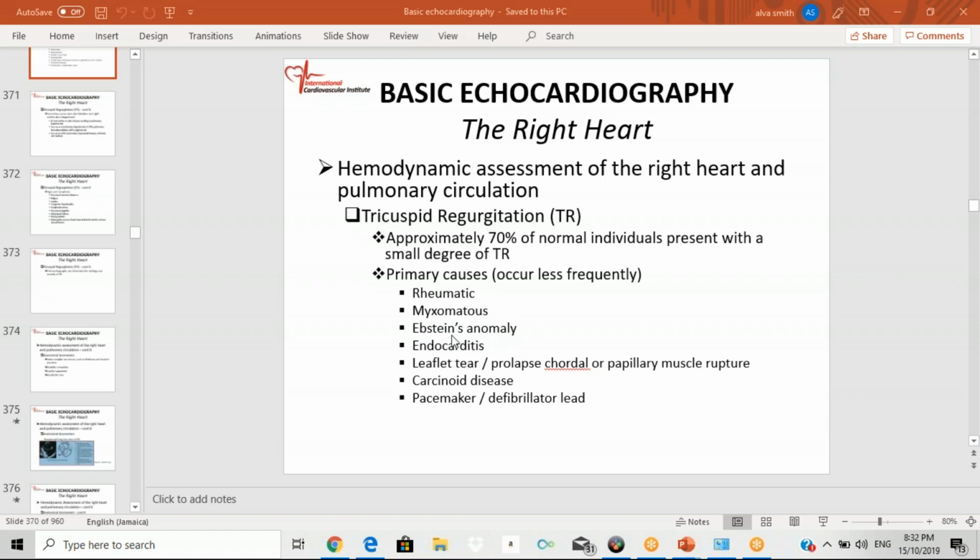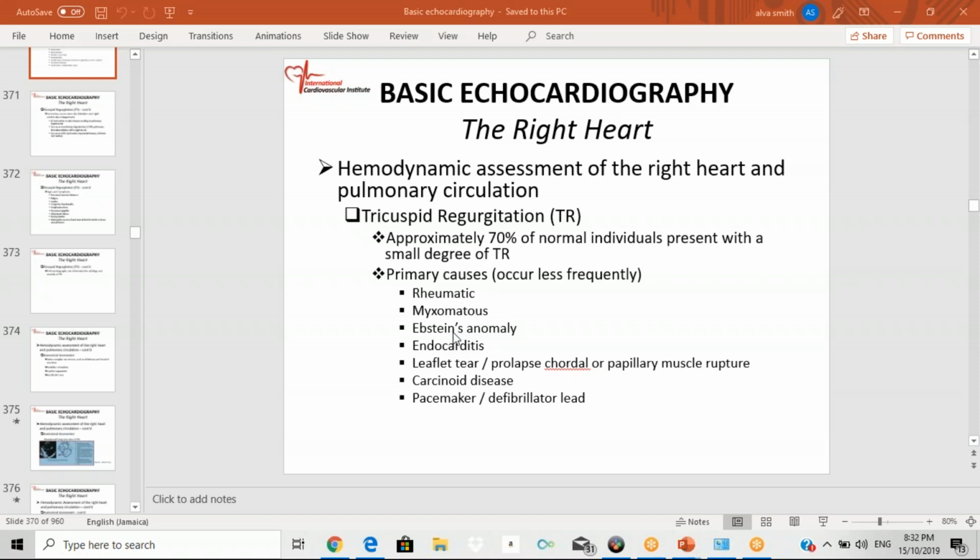and they'll probably show you an echo of Epstein anomaly. With Epstein anomaly, the tricuspid valve is very, very low in the right ventricle. So you'll have a huge atrium and a very small ventricle.